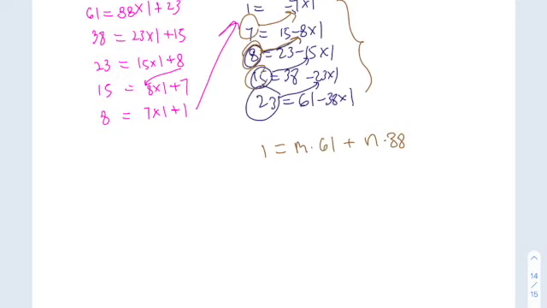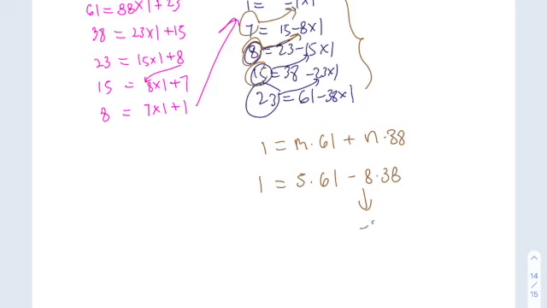And after all of this substitution, you will get 1 is equal to 5 times 61, subtract 8 times 38. Now we know that -8 will be the modular inverse of 38 in mod 61.